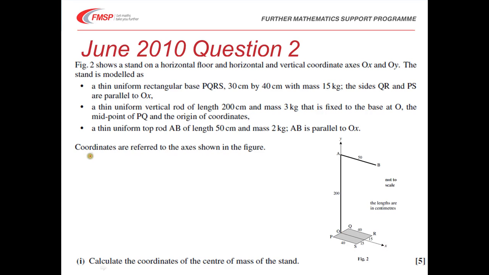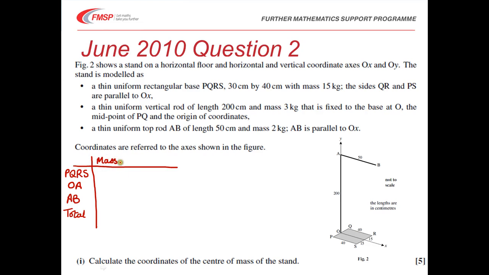The way I like to work through finding the centre of mass of a composite body like this is to set up a table of values. Please excuse my slightly wobbly lines here. I will list the elements of the composite body in the left-hand column. So this is the rectangular base, this is the upright, and this is the horizontal section at the top. And we also list the total in here.